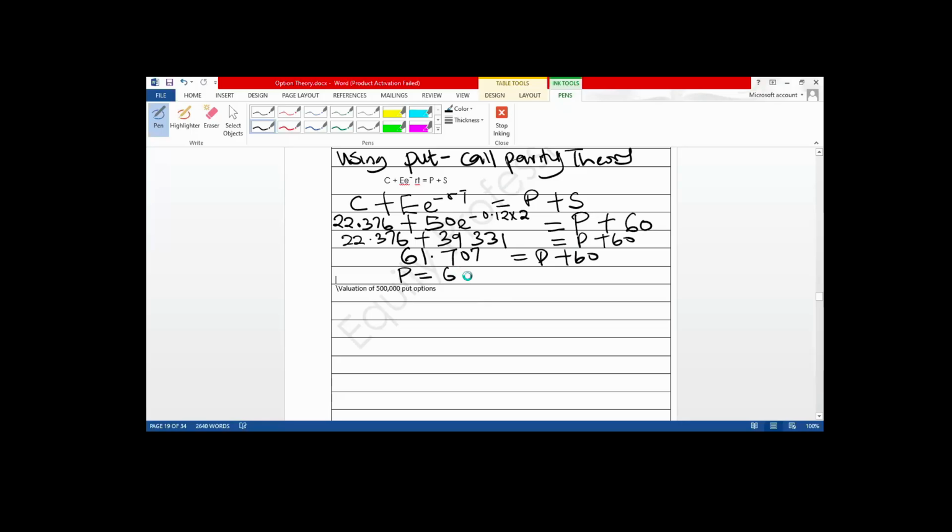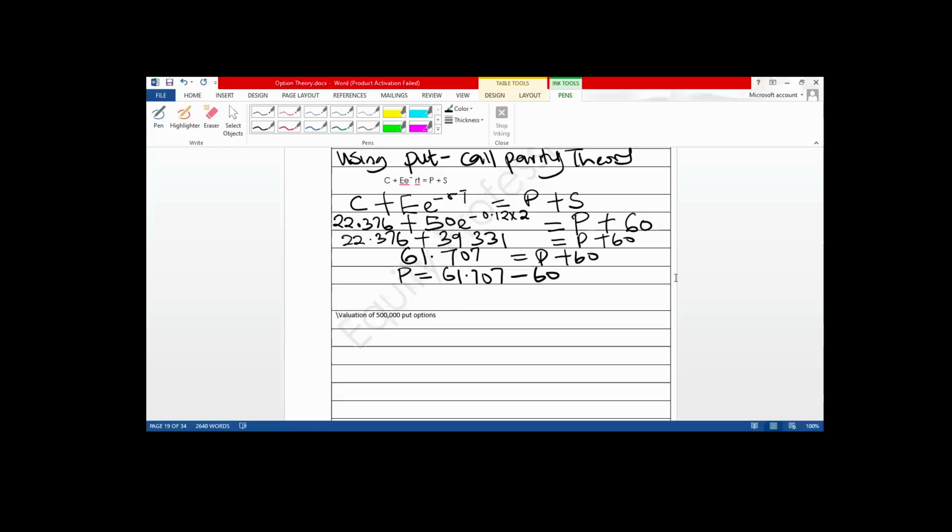P is equal to 61.707 minus 60. Therefore, P is equal to 1.707, approximately 1.71. That is the put price per one.